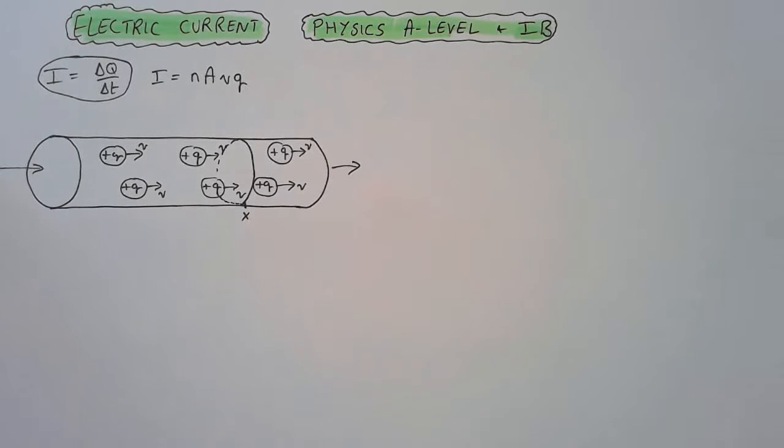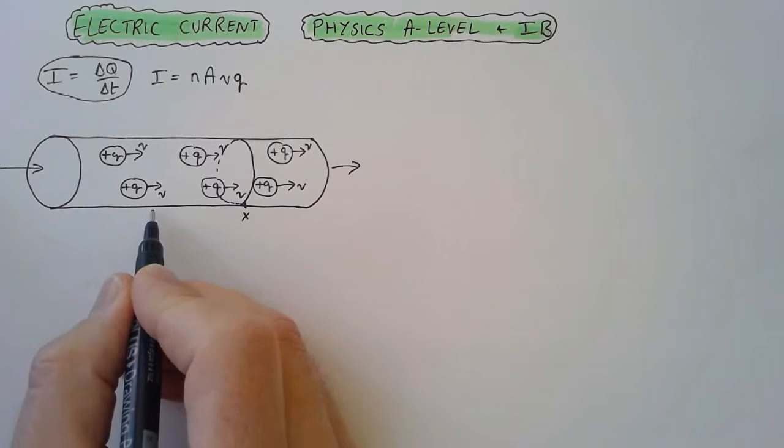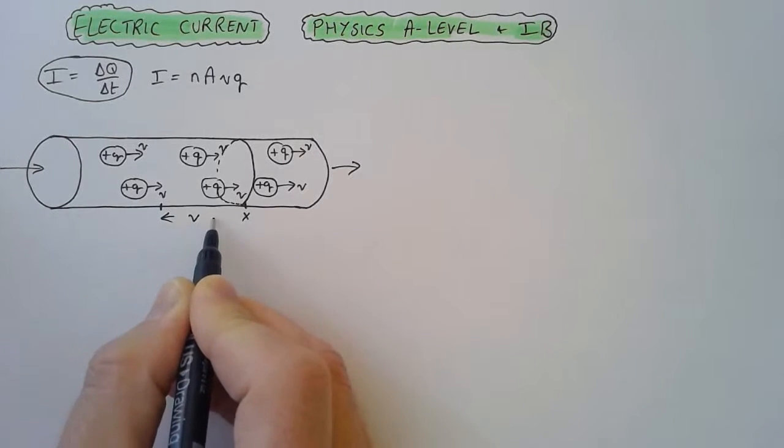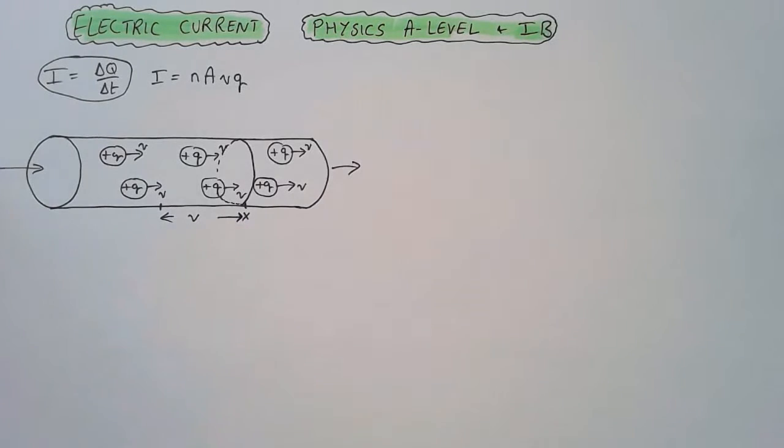Well, if the charges are all going at speed v, or velocity v, from left to right, then they're going v meters every second. So in 1 second, all the charges in a space v meters to the left of x will pass through the wall.